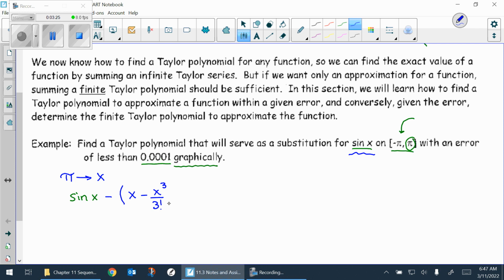If I stop there to see the difference between the actual and the approximation, I'm wondering, do I get a value where the absolute value of that difference is less than 0.0001? And the answer is no. So now I'm going to say, well, let's include the next term.